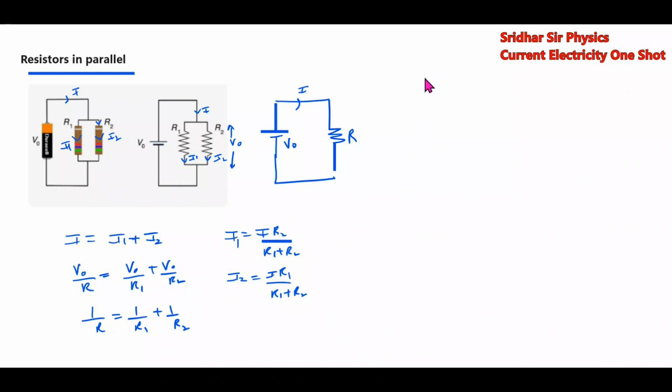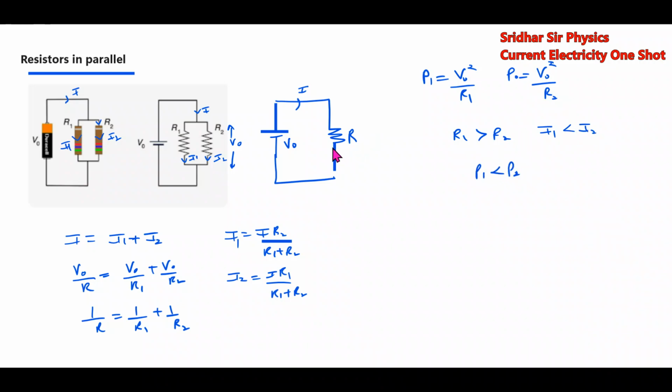What about the power dissipated? P1 equal to V naught square by R1. P2 equal to V naught square by R2. If R1 is greater than R2, then the current I1 will be less than I2, and P1 less than P2.